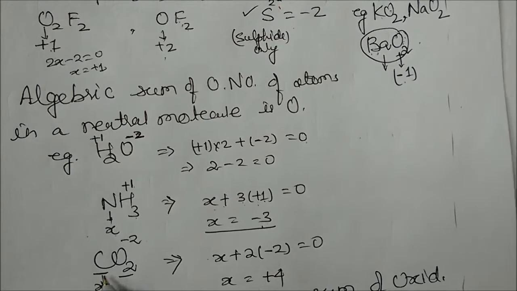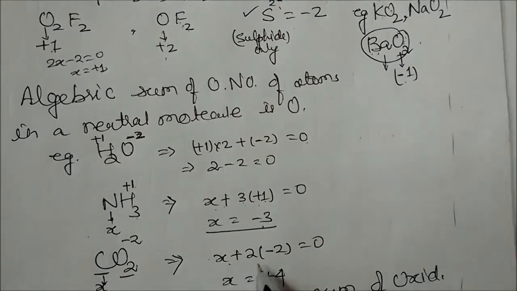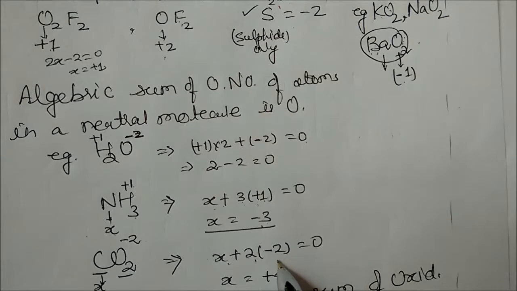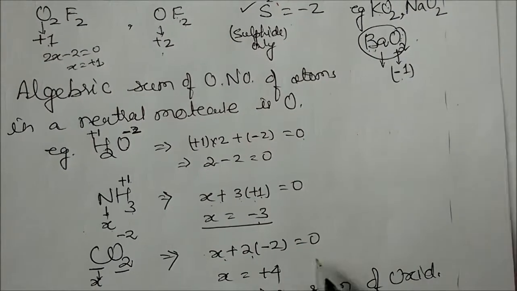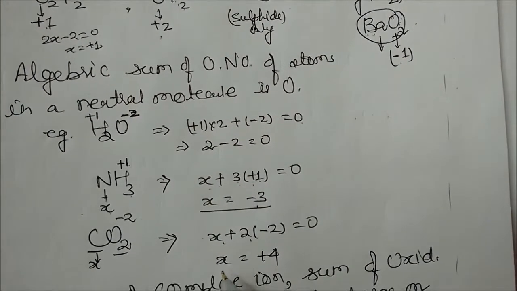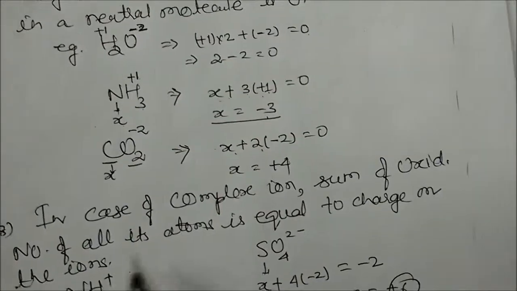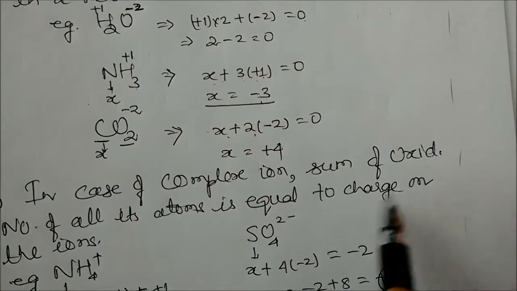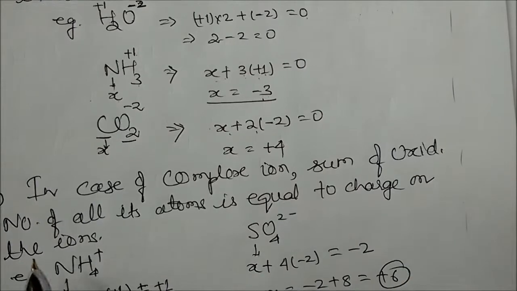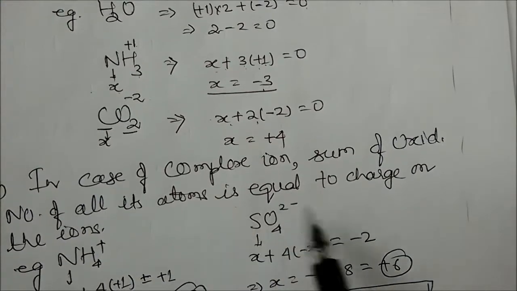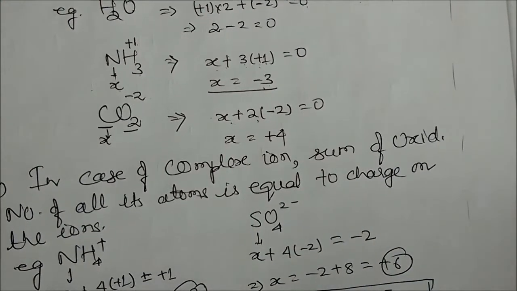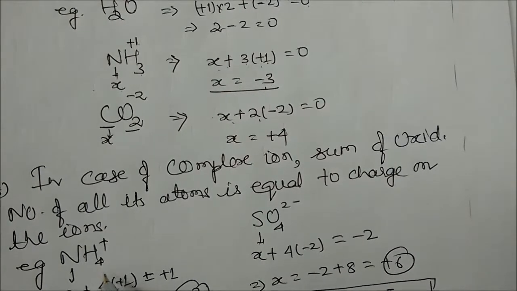Similarly, carbon dioxide. Carbon is x, there are 2 oxygens, each oxygen carries -2 charge, so here oxidation state of carbon becomes +4. Now in case of a complex ion, the sum of oxidation numbers of all its atoms is equal to the charge on the ion. What is the meaning of this? Let us take one example, ammonium.